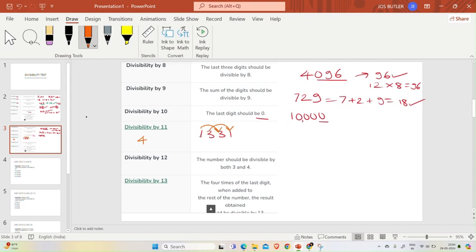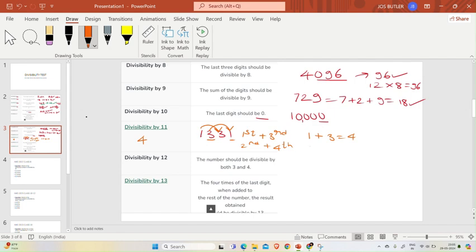First digit with third digit, second digit with fourth digit, and after that add the two digits. So first plus third, and second plus fourth. First plus third will give you 1 plus 3 is equal to 4. Second plus fourth, that is 3 and 1.